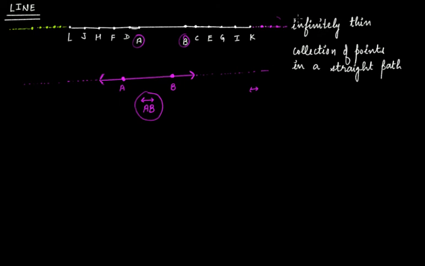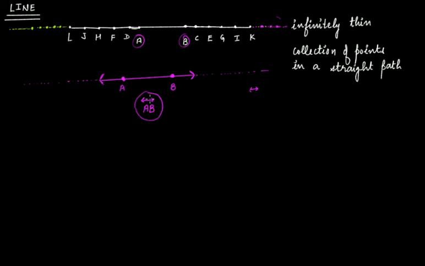And a line is always infinitely thin. Here you can say that it's not even looking thin, but just think of it as an infinitely thin concept, a collection of points in a straight path, where you can place as many points as you want, and it will go on extending on both ends.